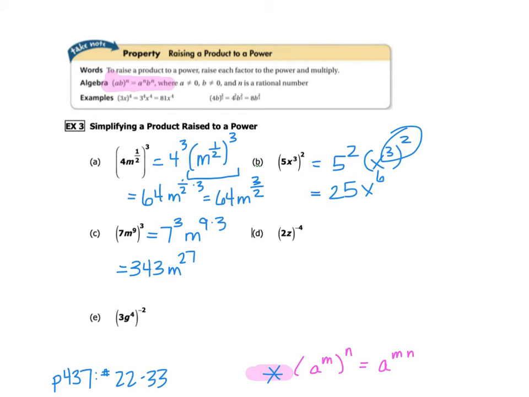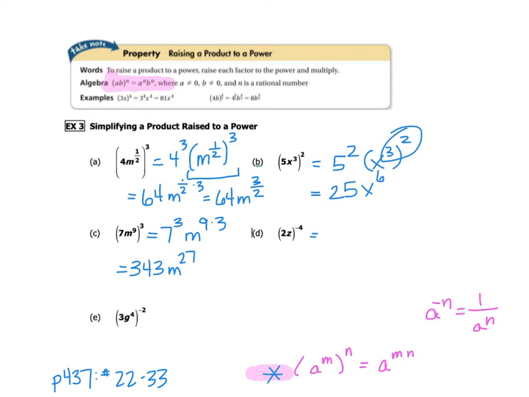If we go to example D, I want to show you a neat little trick with this. And if we go back, remember this particular rule right here? A to the negative n equals 1 over a to the positive n. In this case, we have a negative exponent on the outside. Here's what I want to do with this.